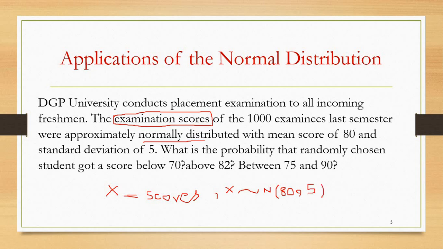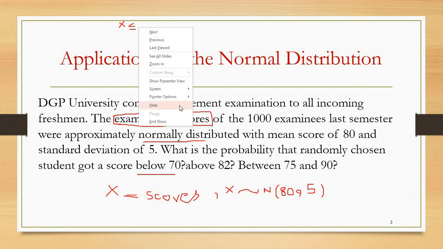So what they are asking us: find out the probability that a randomly chosen student got a score below 70. So score below 70, as x is representing the score and it's below 70, it means it's less than or equal to, or less than.